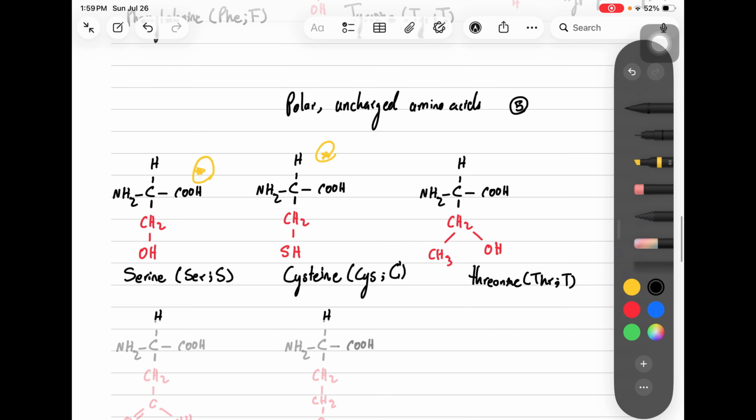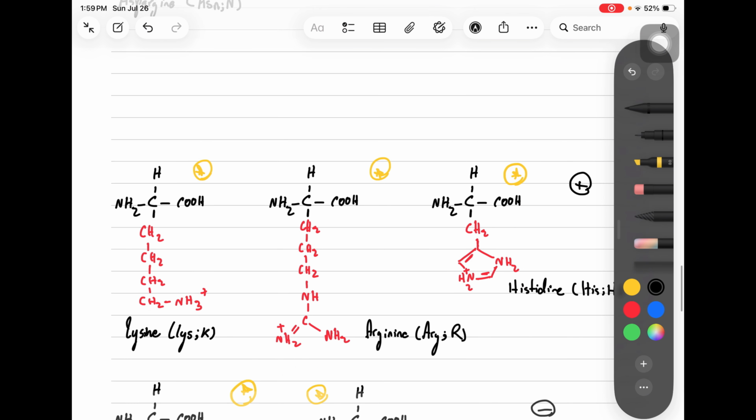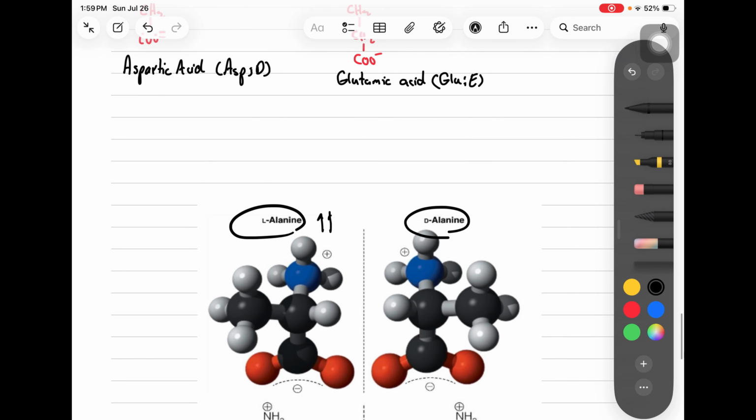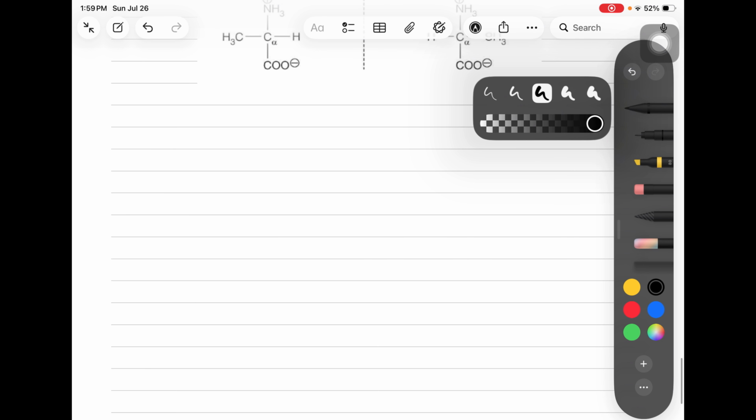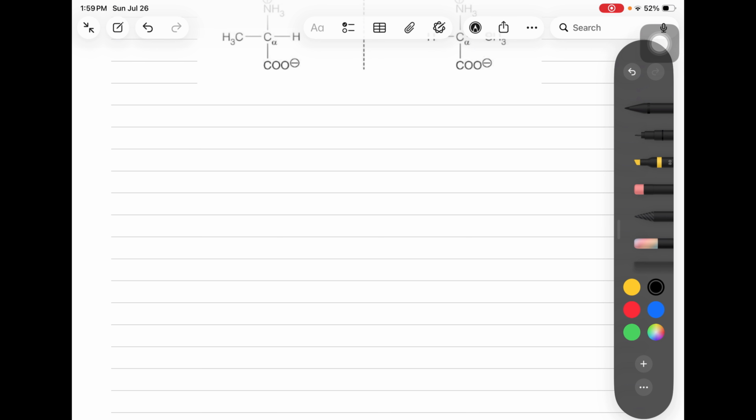Now, the important part is the ionization of amino acids that we're going to talk about. Let me draw an amino acid first. We're going to draw it in this way. I'm going to make it bigger.